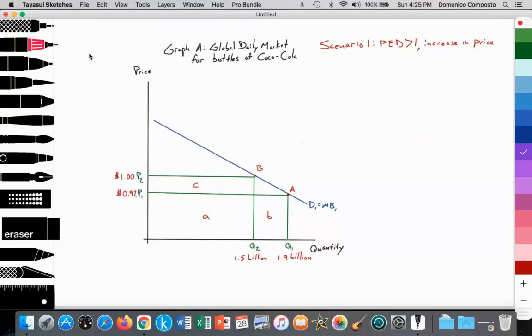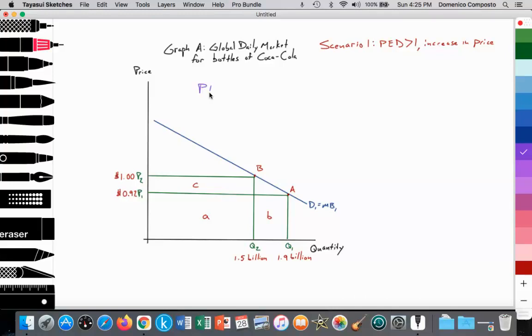Okay. So in this scenario, number one, assuming that the PED is greater than 1, we're going to look at the impact of an increase in price on total revenue and do some calculations to practice using PED as we would on a potential paper 2 or paper 3 exam.